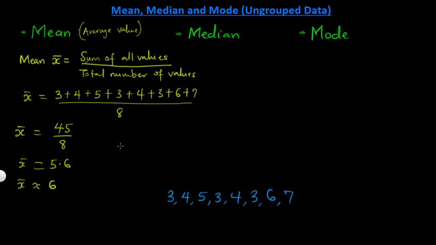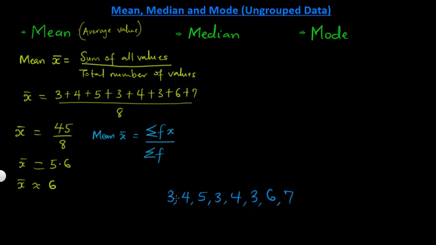That is the mean. So there is a general formula for mean. The formula for mean is summation fx divided by summation f, where fx is the product of the frequency of each value and the value.